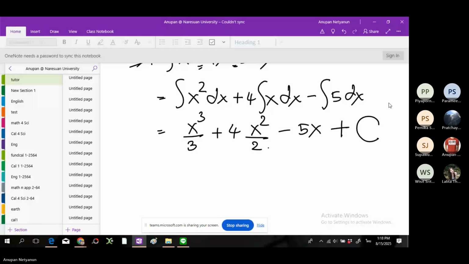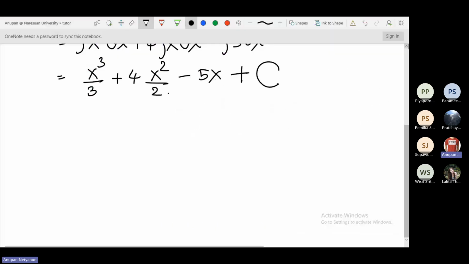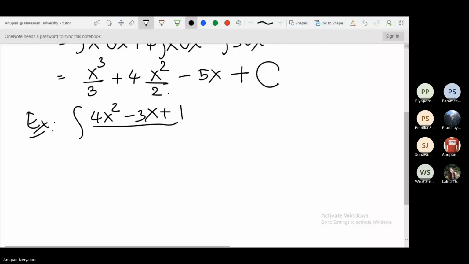Now, let me put it on the big screen. Example 2, which is the integral of 4x squared minus 3x plus 1 over the square root of x dx.